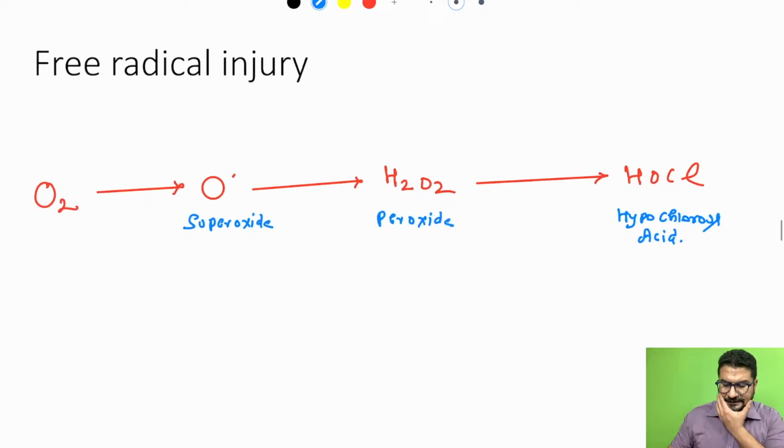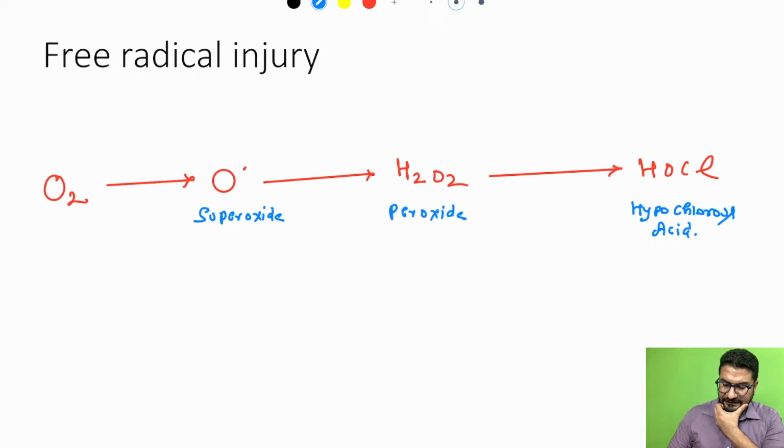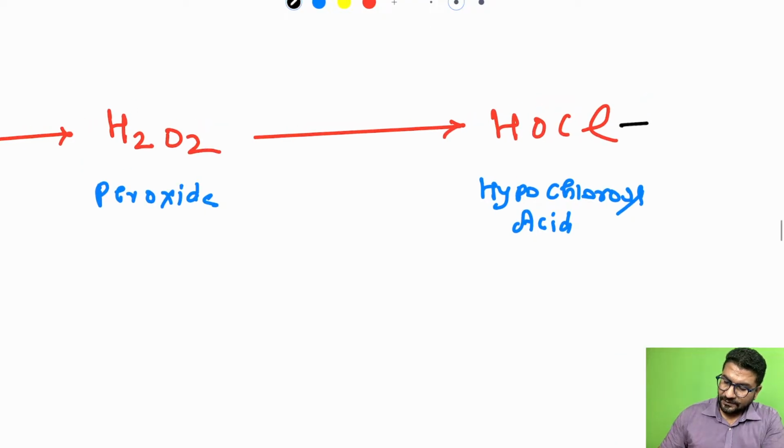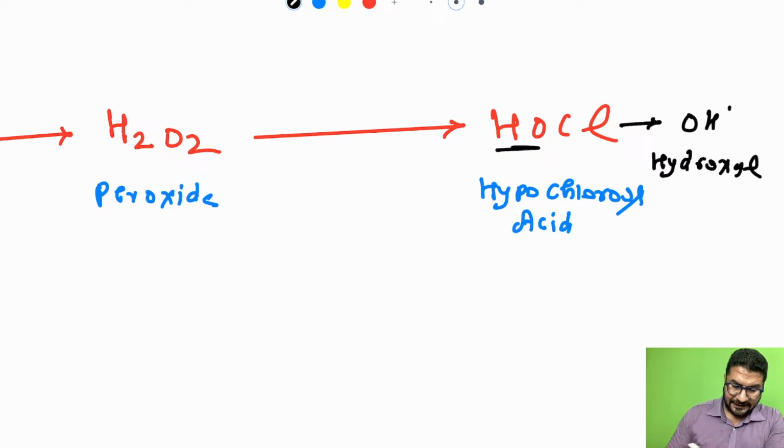So now try to understand this thing. अब इसको समझो थोड़ा सा. This HOCl further produces OH free radical. So इसको अगर आप OH अलग लिख दोगे, Cl अलग दोगे, we get OH. OH means it is called hydroxyl free radical.